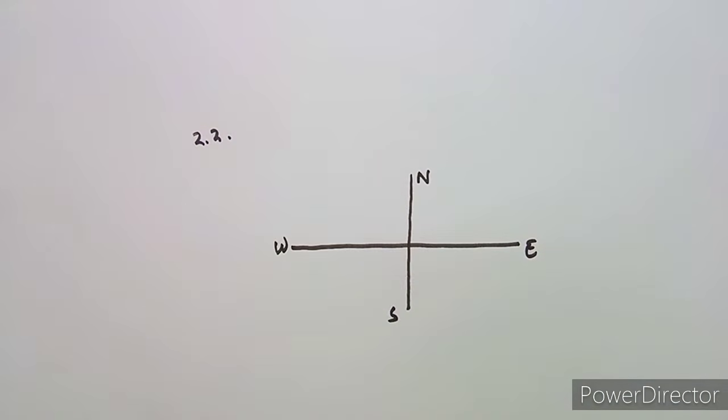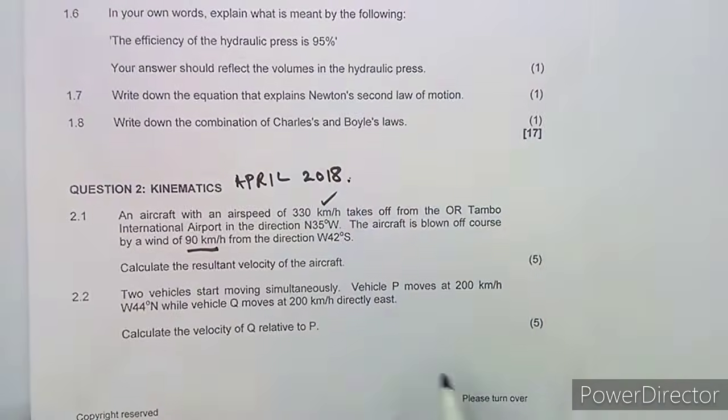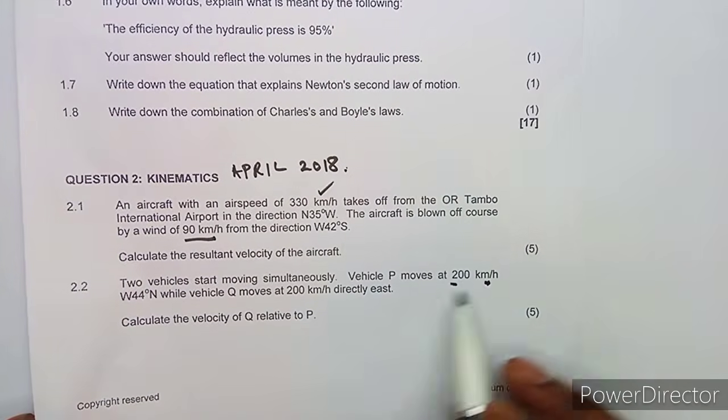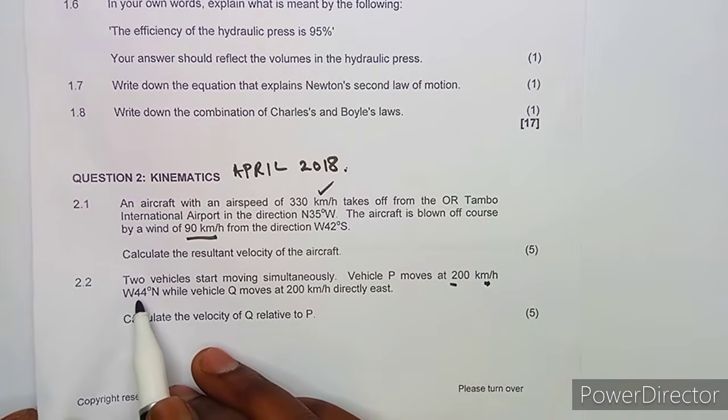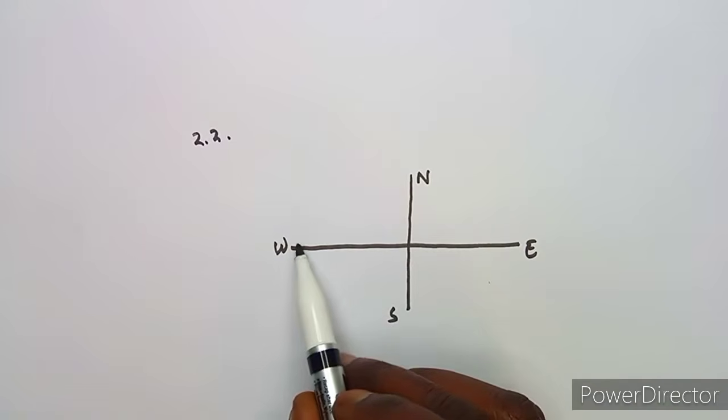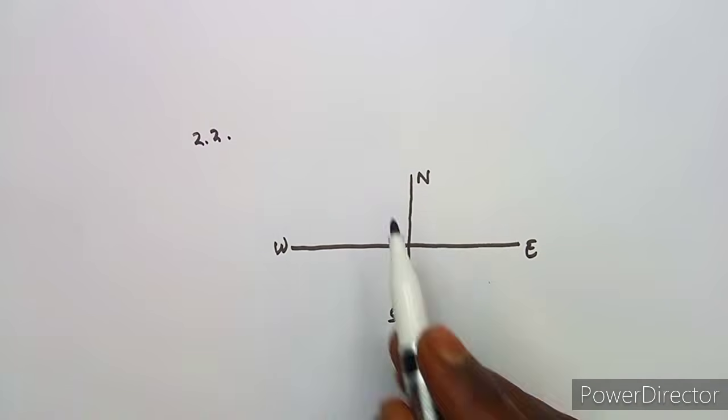All right, so let's start with the first one. The first vehicle is moving with a speed of 200 kilometers per hour, but it's west 44 to the north. Remember, you're going from west to the north, so it's supposed to be in this direction.